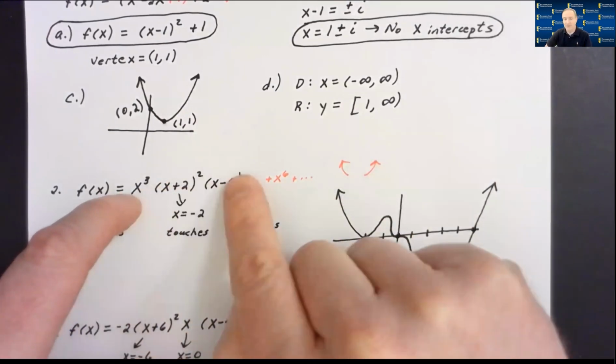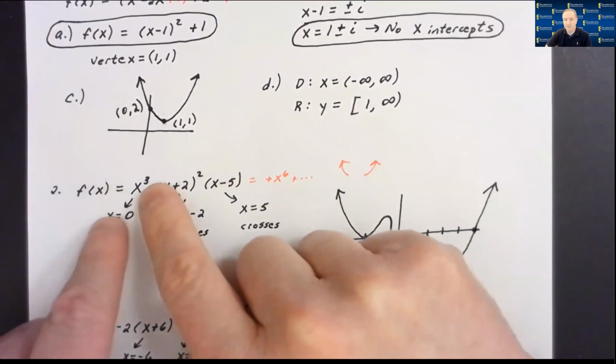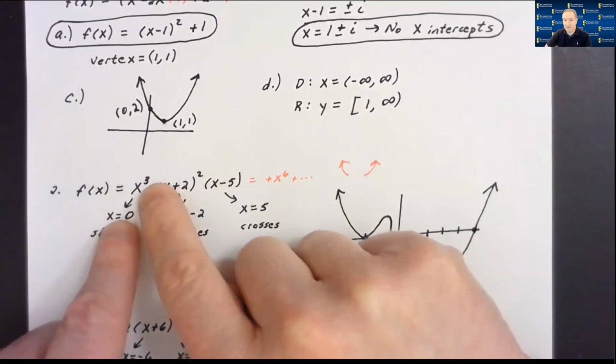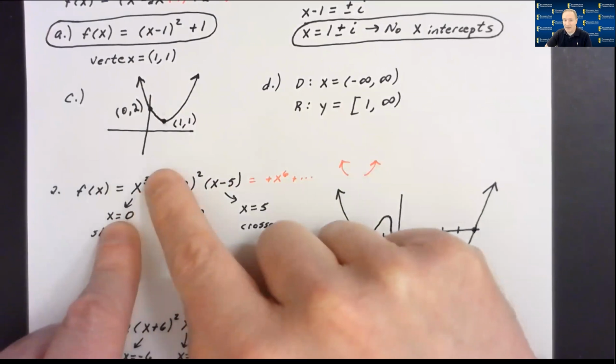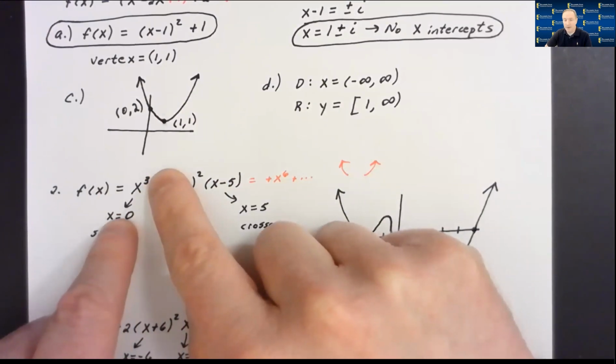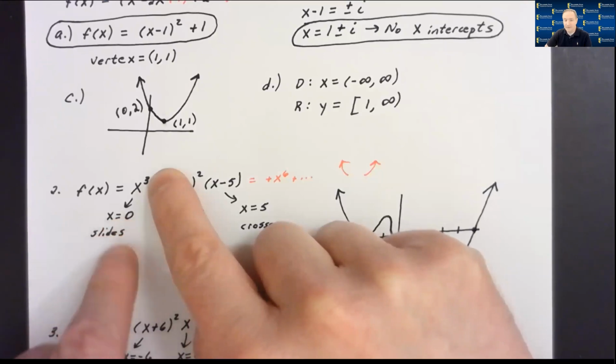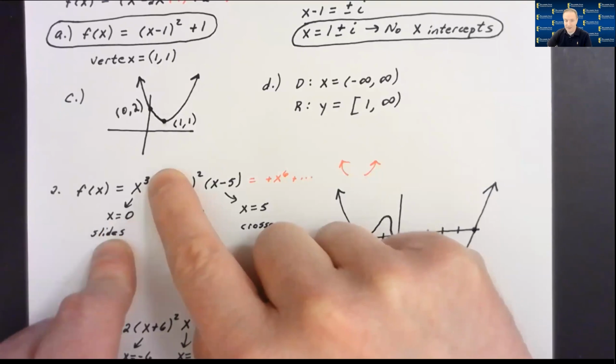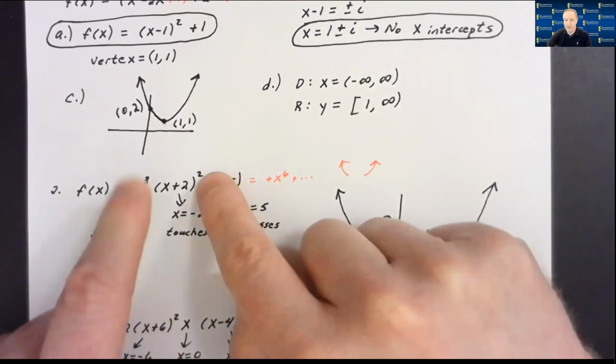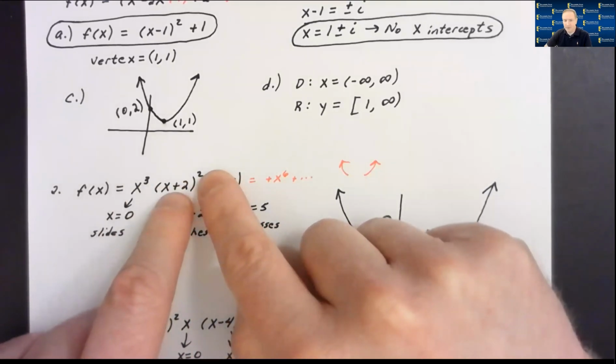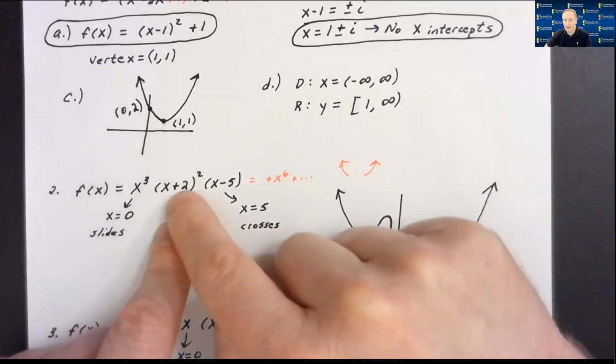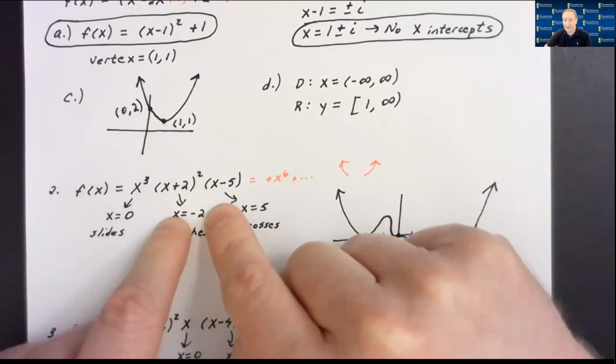If I set each of my factors equal to 0, this first factor equal to 0 just gives me x equals 0. Anytime a factor is to an odd power greater than 1, we know that the behavior at that x-intercept is it's going to slide through the x-axis at that x value. Now in my next one, x plus 2, if I set that equal to 0, I would get x is equal to negative 2.